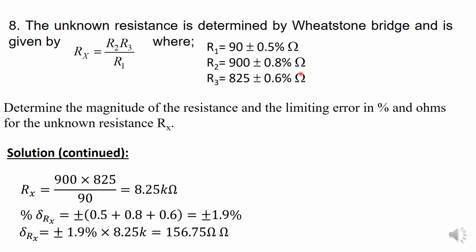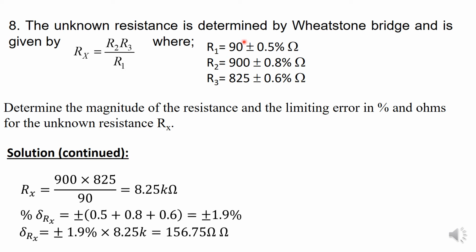Okay, number 8. The unknown resistance is determined by a Wheatstone bridge and is given by Rx is equal to R2 R3 divided by R1. The Wheatstone bridge will be explained in detail in chapter 5, I think.